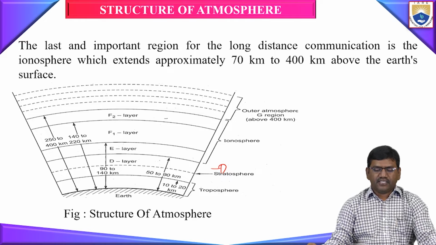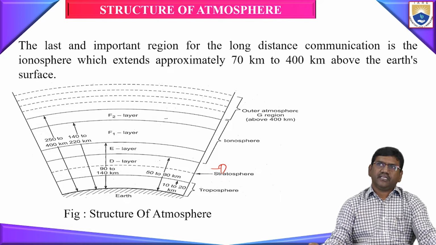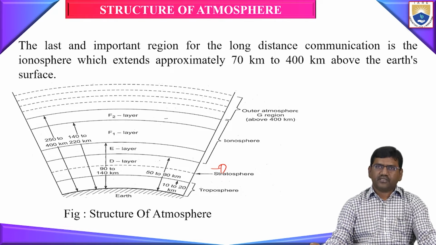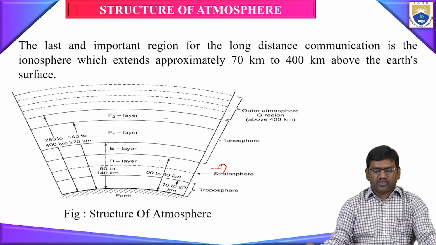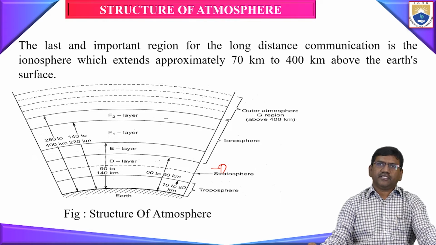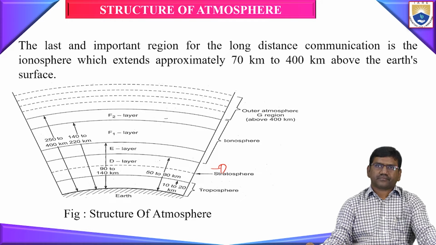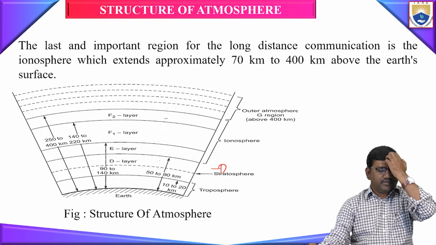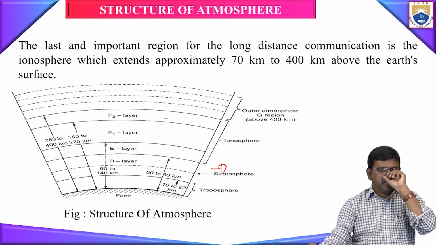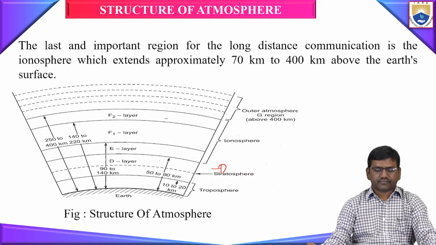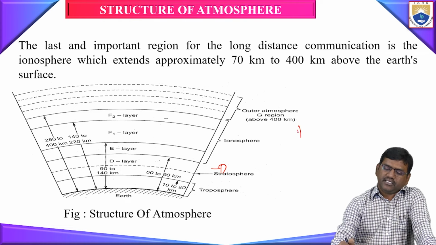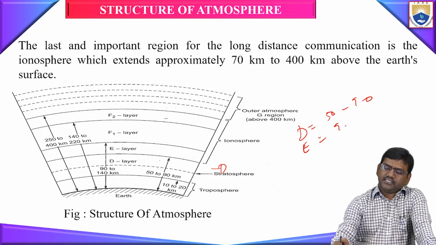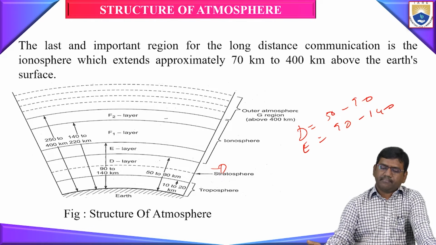So when we call it a D layer, E layer, F1 layer and F2 layer, it depends upon the height. The D layer range is 50 to 90 kilometers here, and the E layer range is 90 to 140 kilometers.